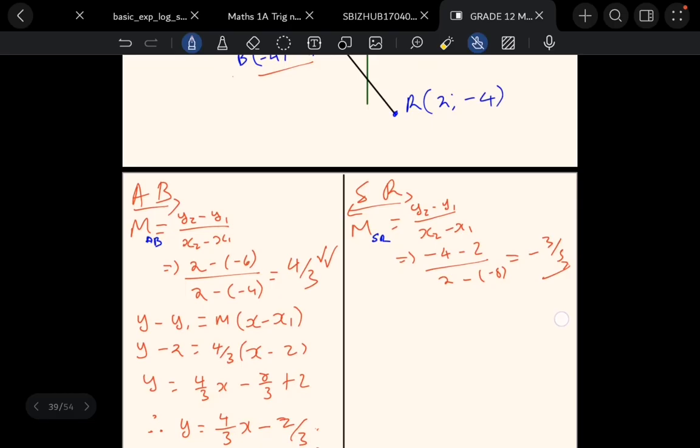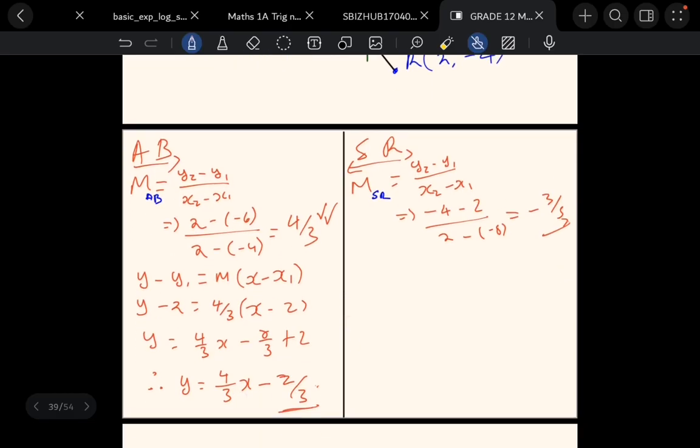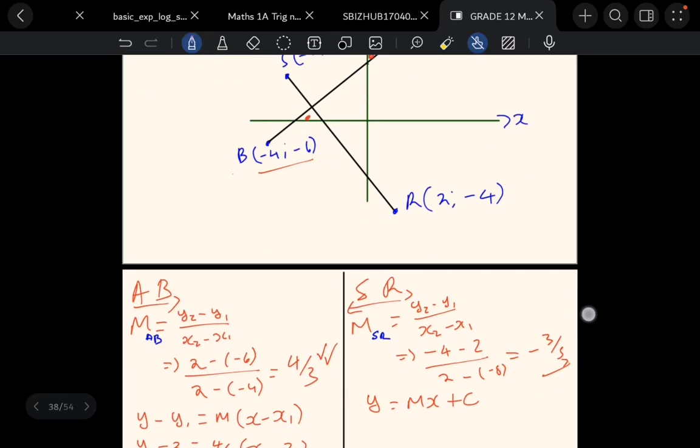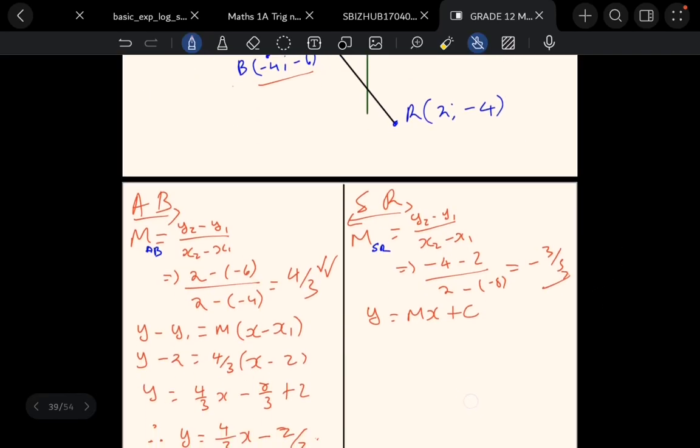So that is the gradient given. So we can find the equation of a straight line. I'm going to use a different approach to find this equation. I'm going to use y is equals to mx plus c. You can use both of these equations to find the equation of a straight line. Now, choose a coordinate here. Choose S or choose this one. It does not matter. I'm going to choose R, where y is negative 4.